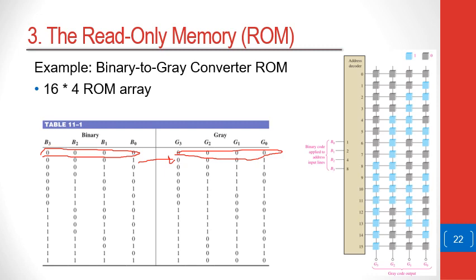However, binary 2 corresponds to Gray code which looks like binary 3, because in Gray code only 1 bit changes between the sequences. So if you look at a case whereby the binary input to the ROM is 2, that is, you have 0, 0, 1, 0.